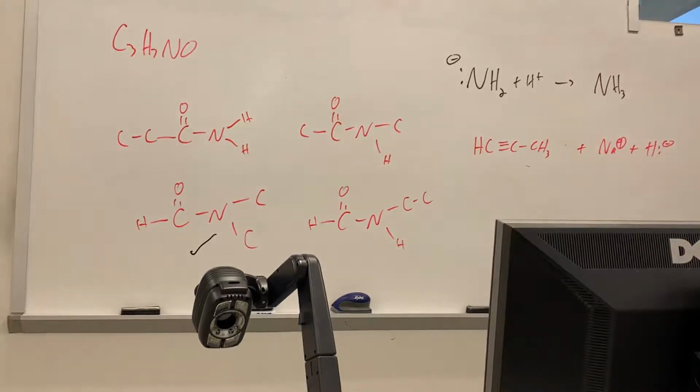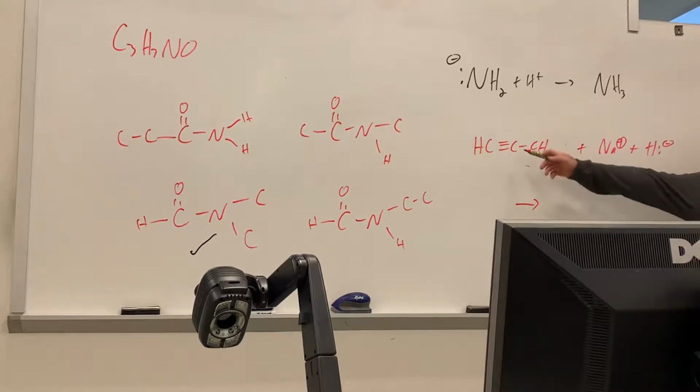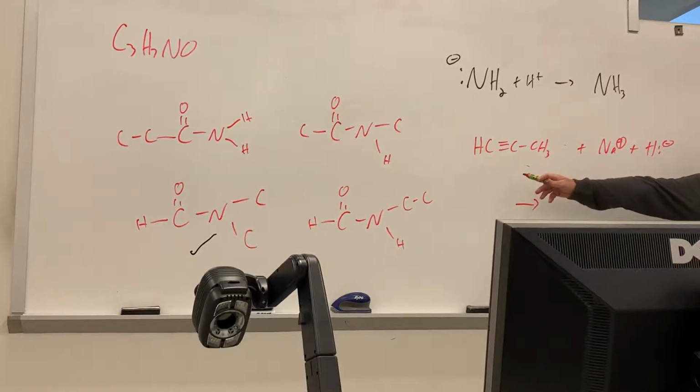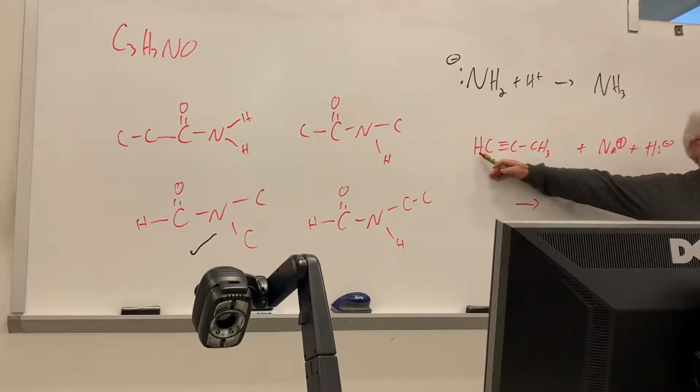I wrote the sodium hydride on the paper as NaH, but that's what it really is, sodium ions and hydride ions. A number of you somehow knew that this was going to be an acid, somehow knew that it was going to donate a proton, somehow knew that it was therefore going to become anionic, but you put the charge on this carbon. Quite a number of you did that. This is the acidic proton.